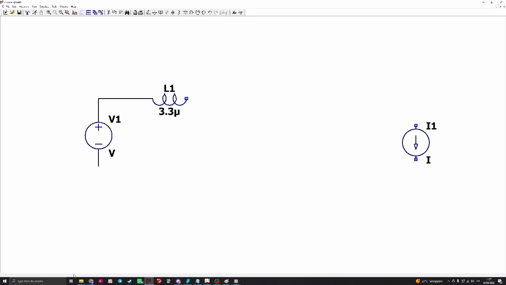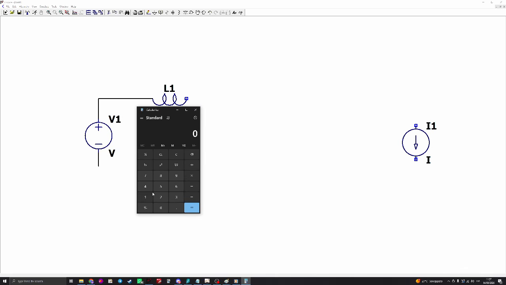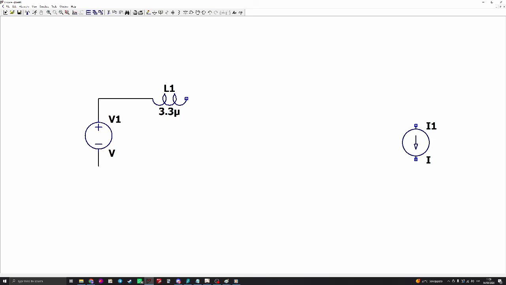We have 120 over 24, divided by 6. Okay, very easy.